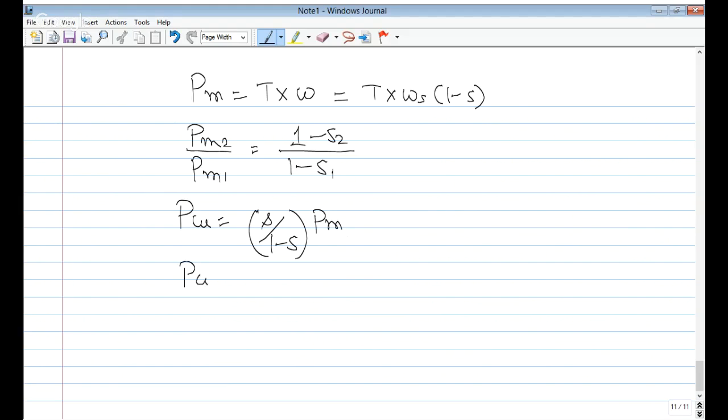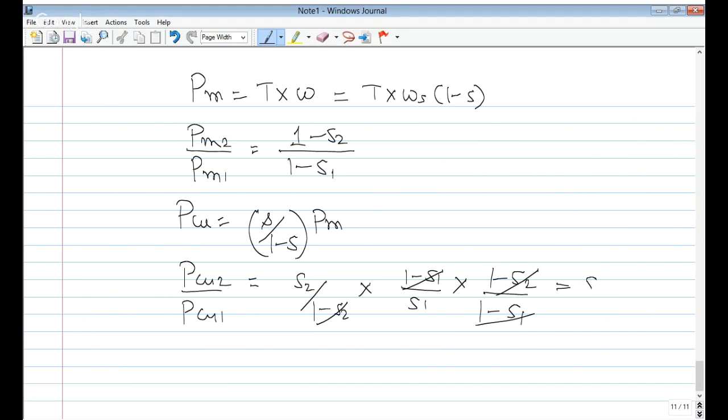So PCU2 by PCU1 is S2 by (1 minus S2) into (1 minus S1) by S1 into PM2 by PM1, but that is (1 minus S2) by (1 minus S1). So that is S2 by S1. Now S2 we saw is 1 by 0.81 S1, so it will be 1 by 0.81.